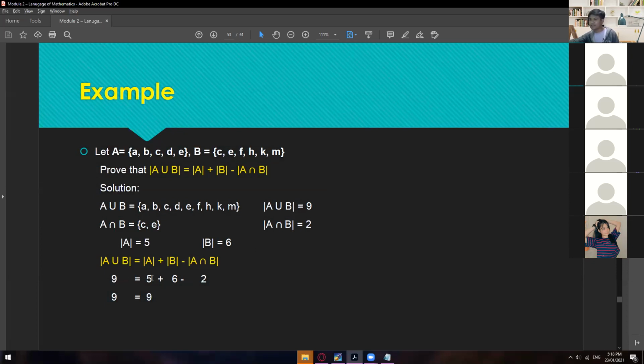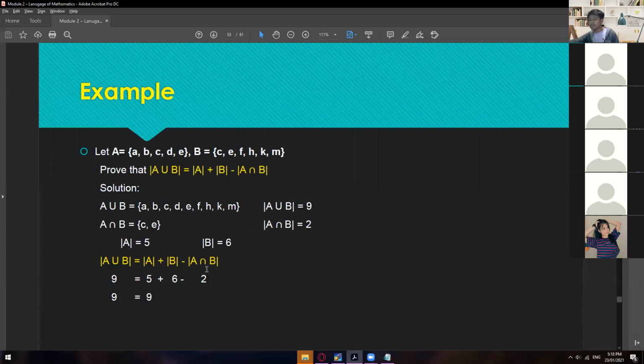So A union B is 9, and then A is 5, B is 6, and then minus 2. So if ever you can solve this one, so they should be equal to each other. So A union B is 9, and then this right side expression is also equal to 9.